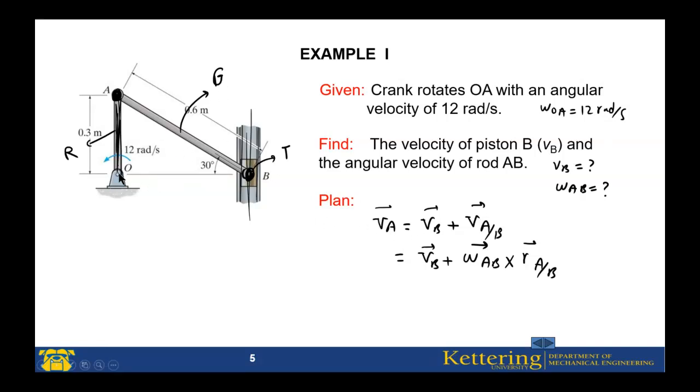I do not write this one between O and B, or A and O. I will write this one between A and B. These are 2 points for the general plane motion. Now, the next step, I want to write each of these terms in vector form.